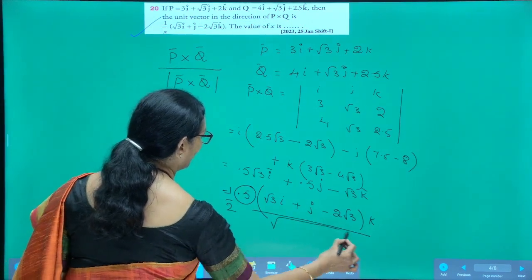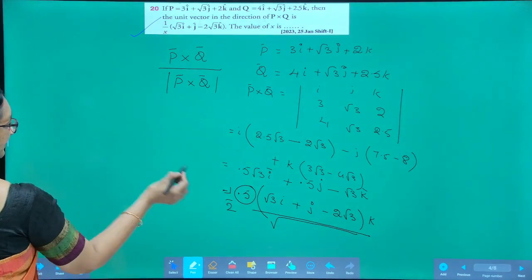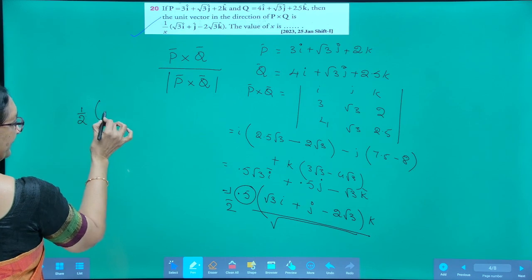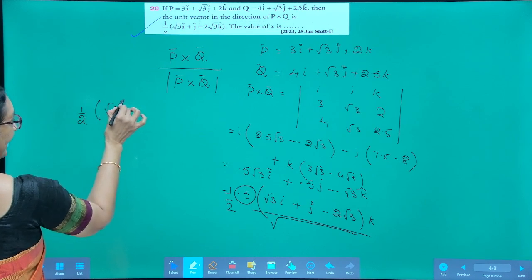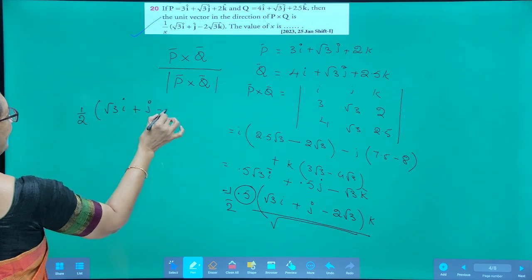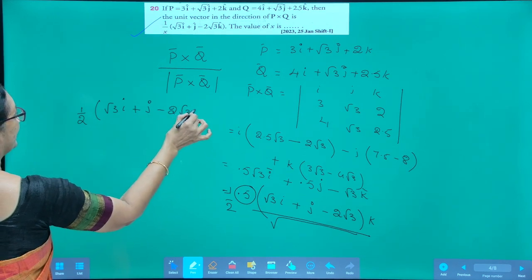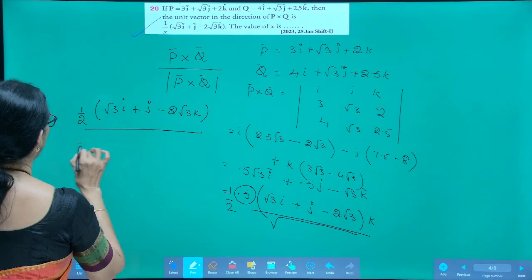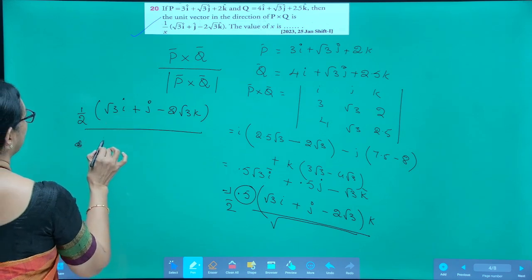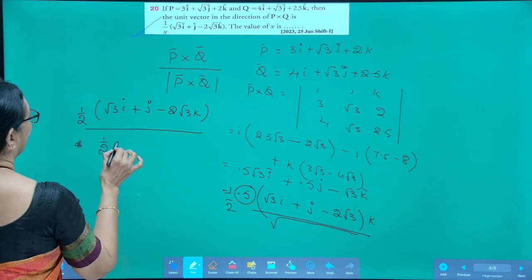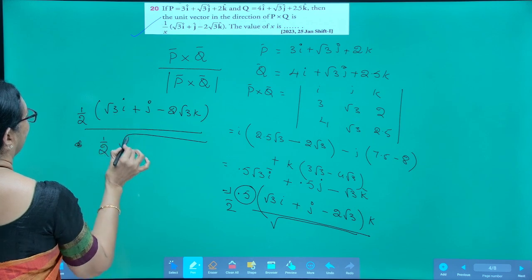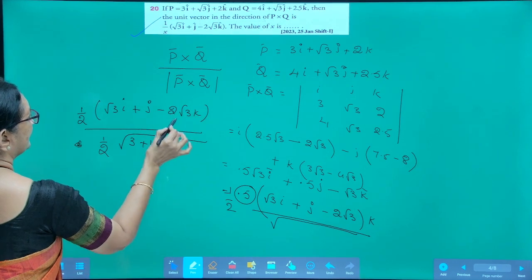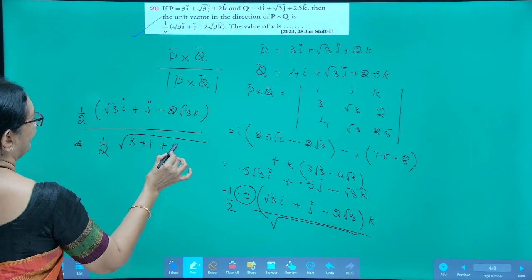So, actually this is the vector half into root 3 i plus j minus 2 root 3 k, divided by the magnitude of this vector, half into root of 3 plus 1 plus 4 3s are 12.